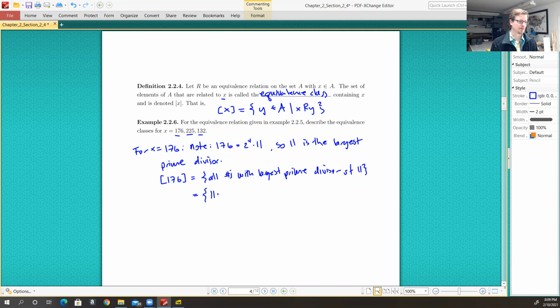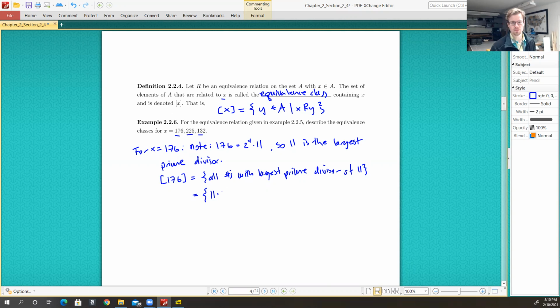When I write them in their prime factorization, that allows me to specify that the factors that they contain are only those that are 11 or smaller. So what prime numbers are smaller than 11?